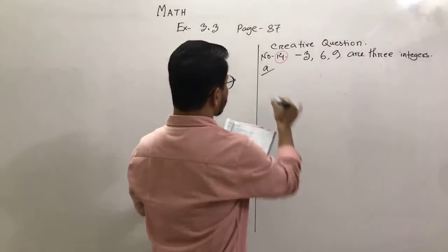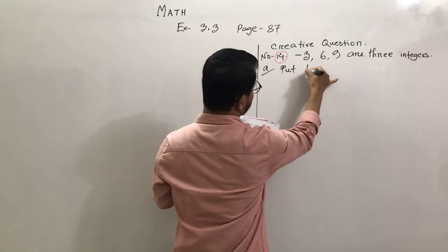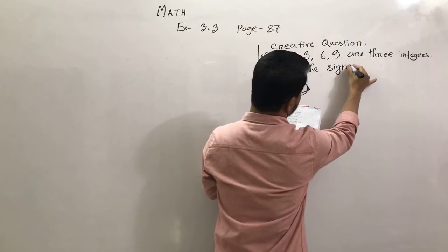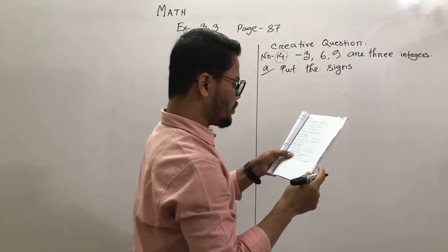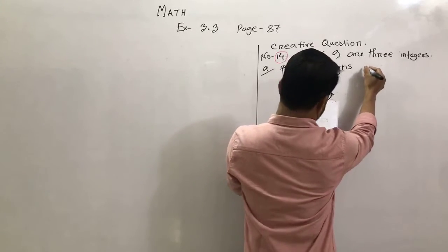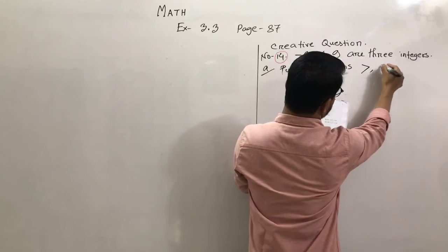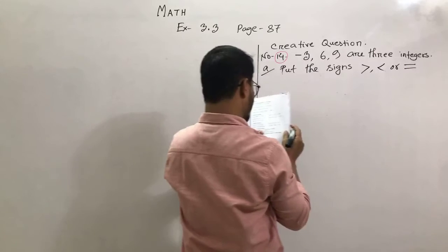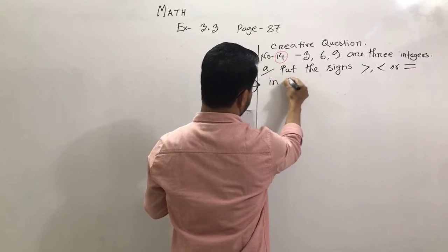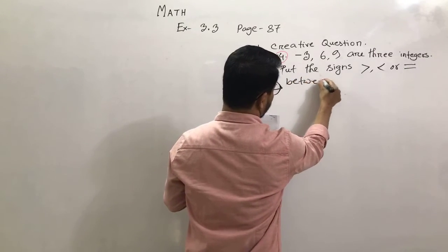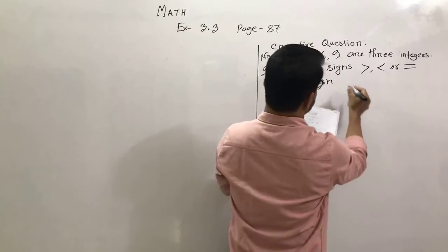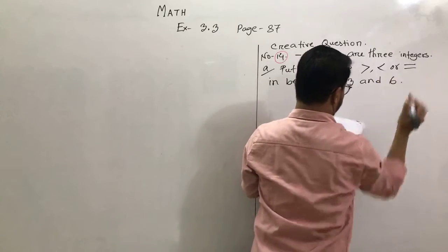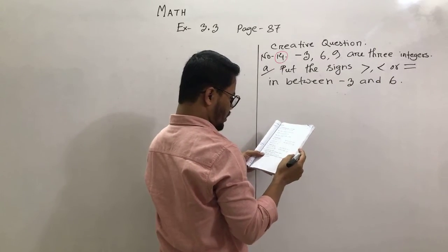Put the sign greater, smaller or equal in between -3 and 6.